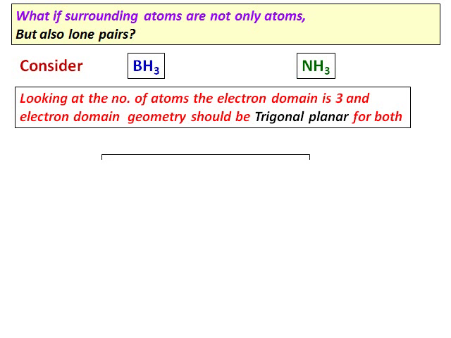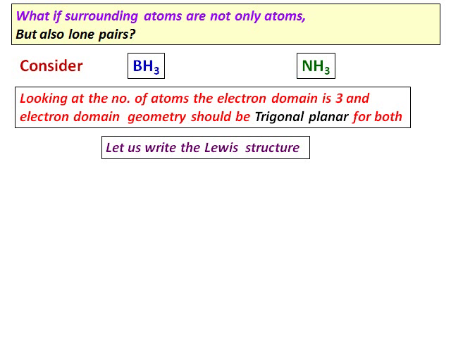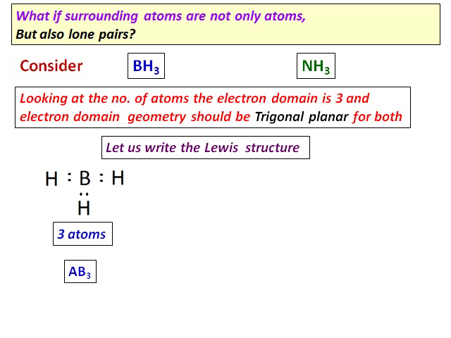But is it really true? Let's write the Lewis structure and verify it. So the Lewis structure of BH3 is shown there. We have one boron surrounded by 3 hydrogens. So the number of electron domains is 3 because we have 3 atoms surrounding the central atom B, and hence it is the AB3 type molecule and has the electron domain geometry trigonal planar.